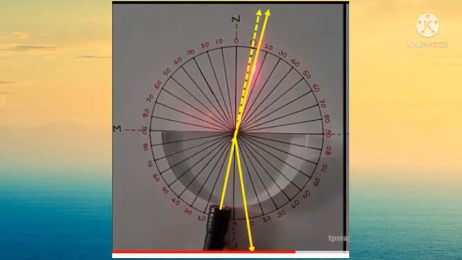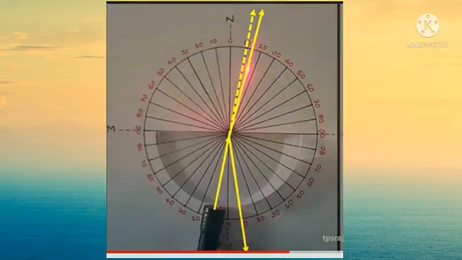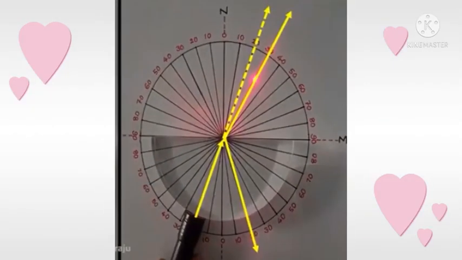When light passes at 10 degrees, it's refracted at 15 degrees. Here, incident angle is 10 degrees, refracted angle is 15 degrees, and reflected angle is 10 degrees. When light passes at 20 degrees, it's refracted at 30 degrees.